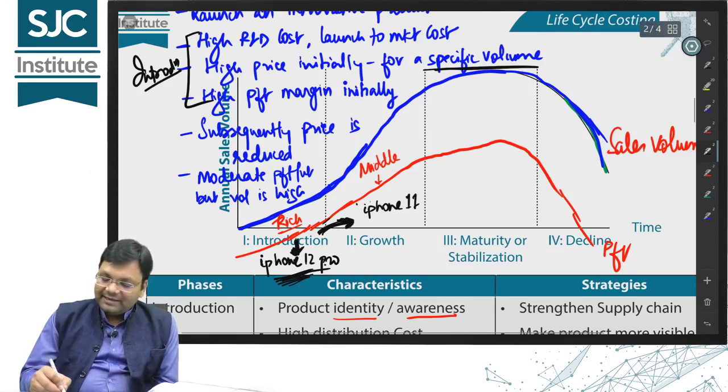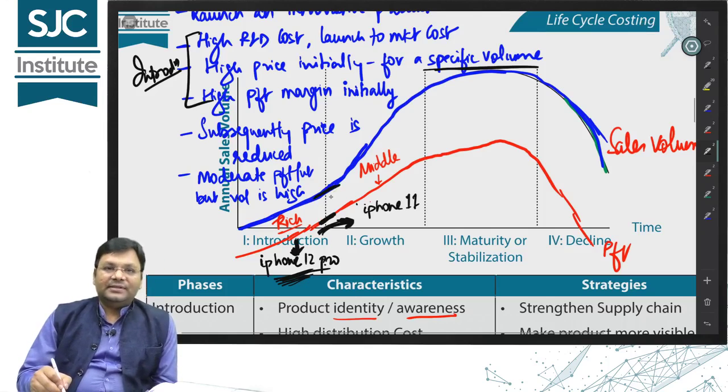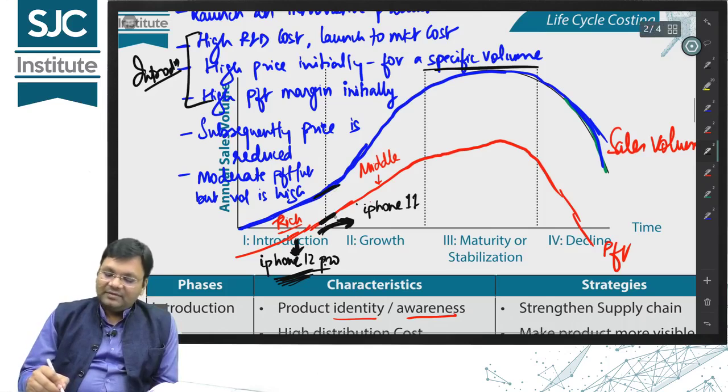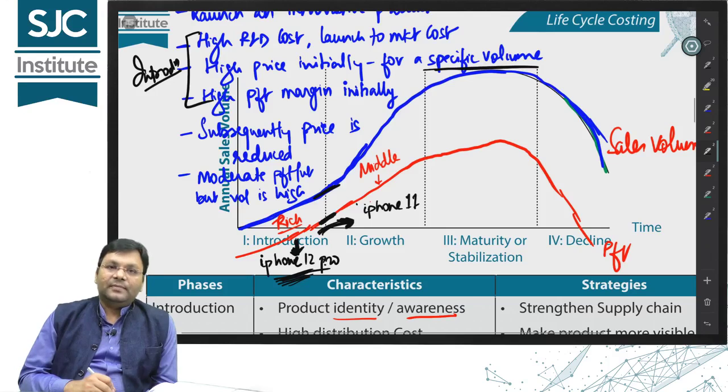The moment the price has been reduced, that means it is the end of the introduction stage. Current price is 51,000. Can you imagine? 17,000 they have reduced. So if you see a 17,000 reduction, sometimes we imagine how much profit they are making on one unit.